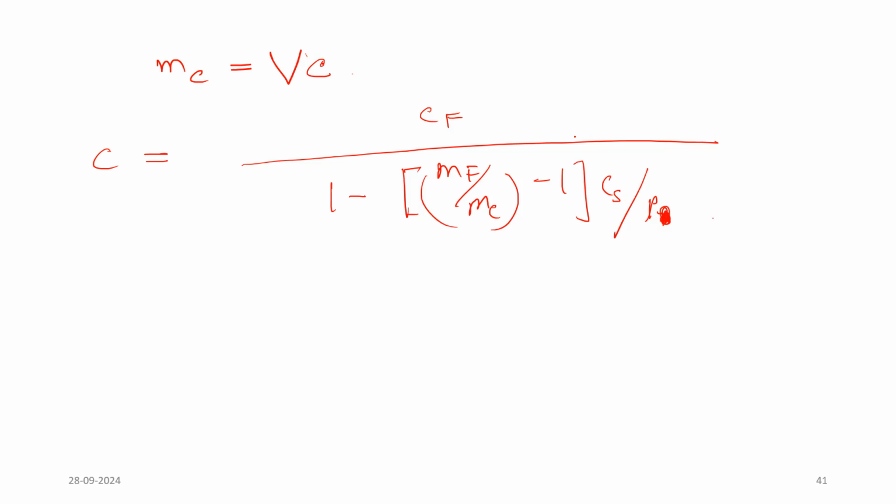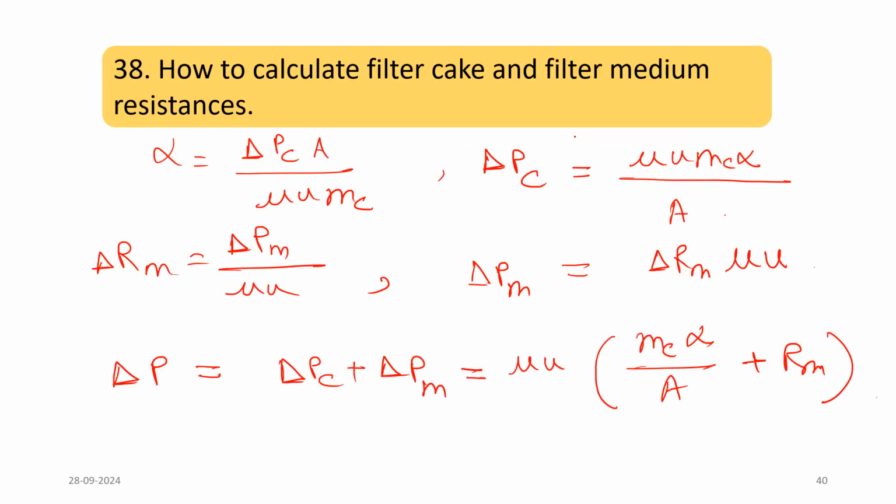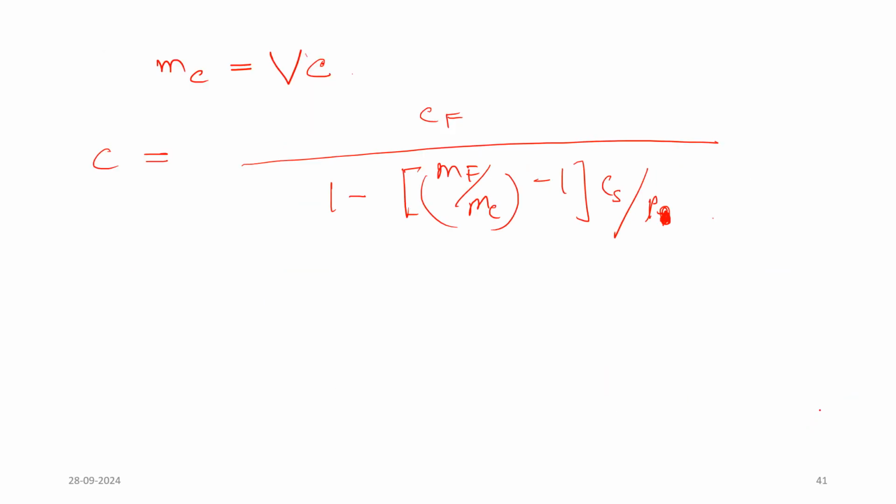Now we are putting the value of u. Previously we know u is the volumetric flow rate per unit area. So mu u is mu dV/dt divided by A, and mc is V into C, into (alpha by A plus Rm).